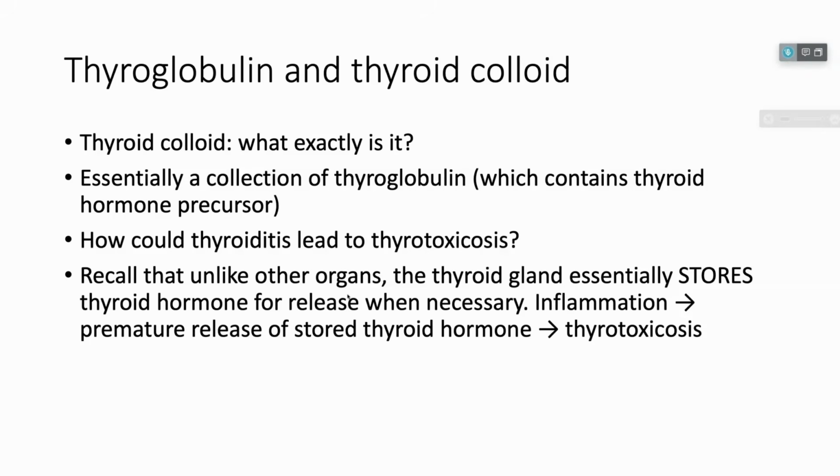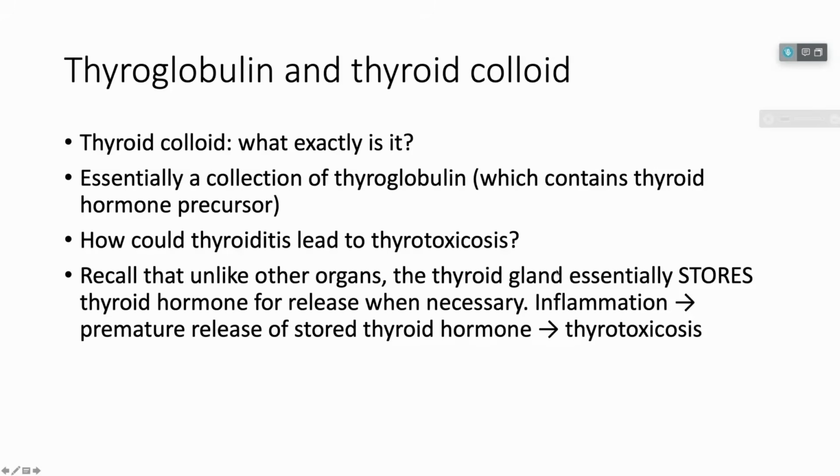So I presume that some of those proteases can cleave T3 and T4 and release it, but that's a hand-wavy explanation. The idea is that you have inflammation of the thyroid, and you can see the colloid just disappears. You're depleting the colloid because you're cleaving it and releasing all that stored thyroid hormone into the bloodstream. That leads to thyrotoxicosis.